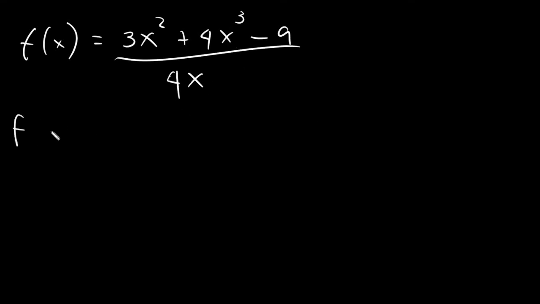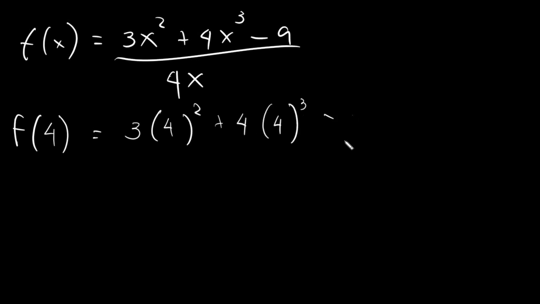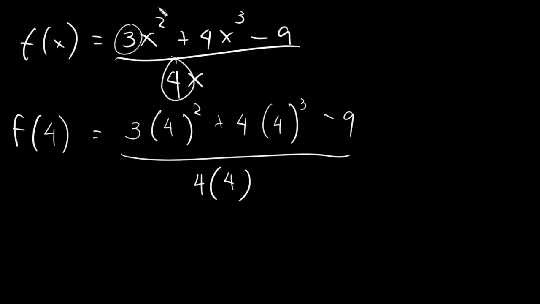If I have f of 4, your x will first be changed into 4, everywhere. All the constants, you leave as is. What are the constants? The 3, the squared, the 4, the cubed, and the negative 9.